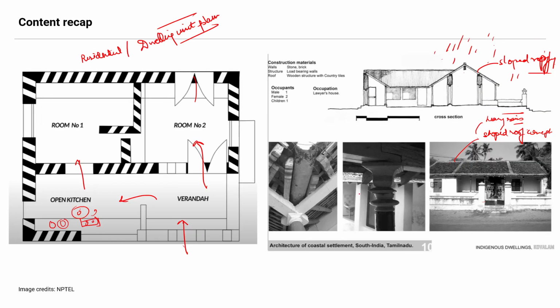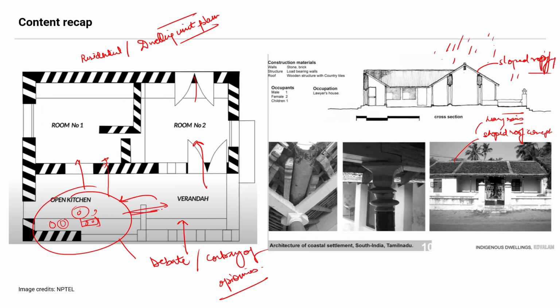Right? So if you see, this is the layout, and it was the kitchen area which had a lot of debate. You can say debate, or contrary opinions, because normally if you see residences nowadays, the kitchen comes inside. It's not something that is so evident in the veranda.